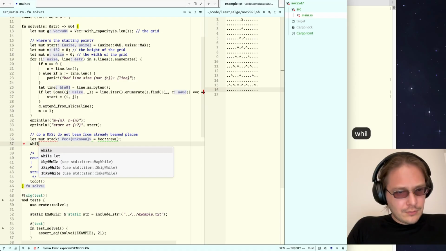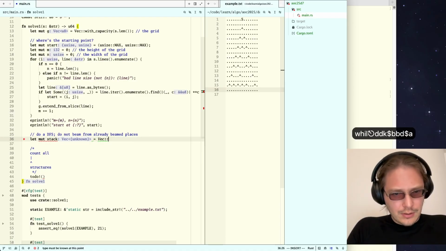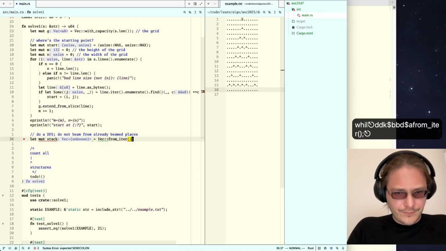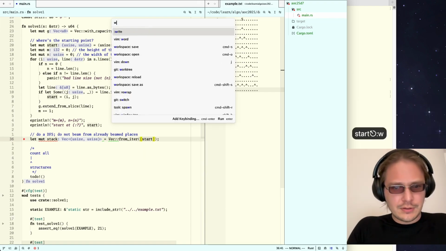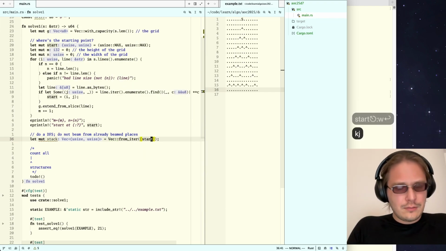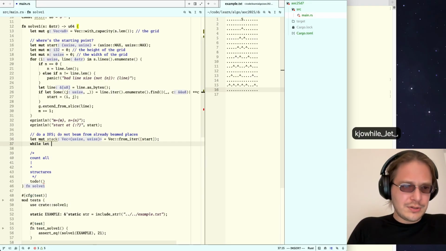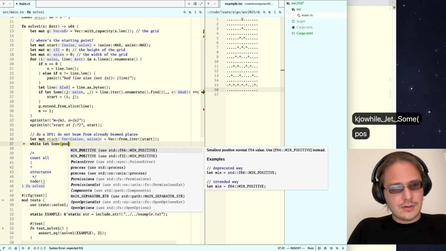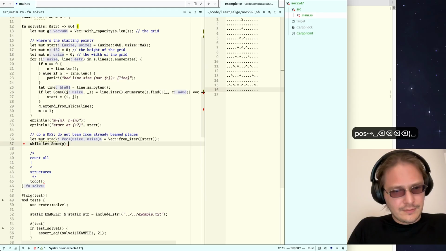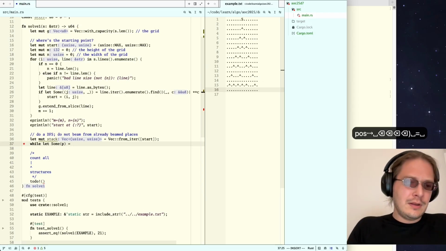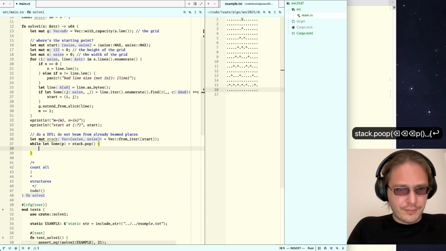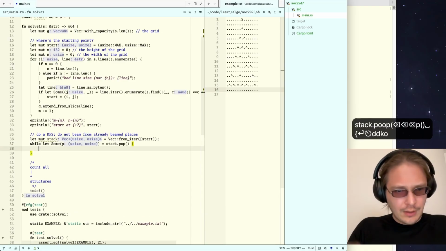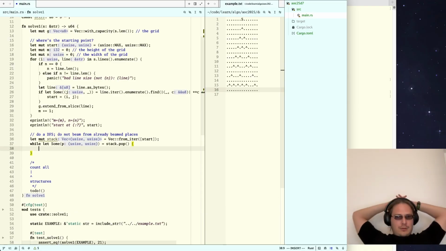And that will look like what? From iterator, from one element, the start position. Okay, and then we just visit it from some position, stack pop.